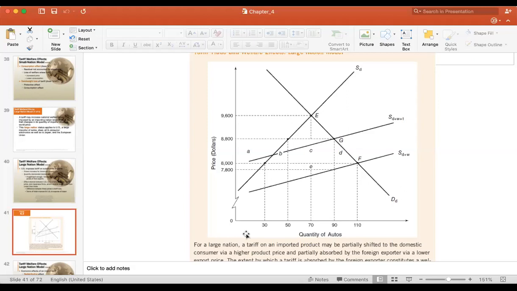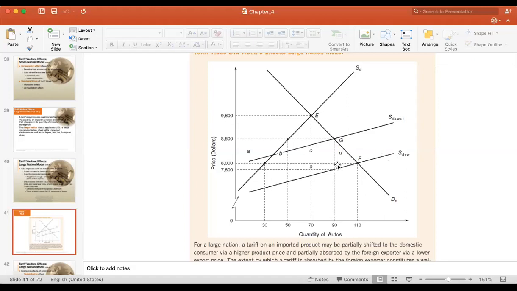Now, what will be the change in consumer surplus if, for example, we happen to impose a $1,000 tariff on autos? Well, the first thing that we need to do is shift this world supply upward by 1,000. In other words, the vertical distance between these two points must be exactly equal to 1,000. Between this point and this point, 1,000.